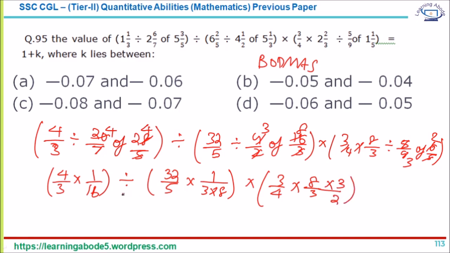Okay, now so this is like 4 and 8, this is 4 and 3 and 3 gets cancelled, 2 and 4, 4 and 4 gets cancelled, so you get 1 by 12 divided by 4 by 15 into 3.